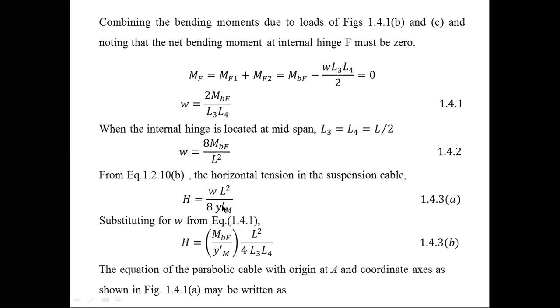If you know the mid span ordinate, then you put MB by it, already you know that one. So substituting the W in this H equation, then it will become MBF by y dash m into L square by 4 L3 L4.